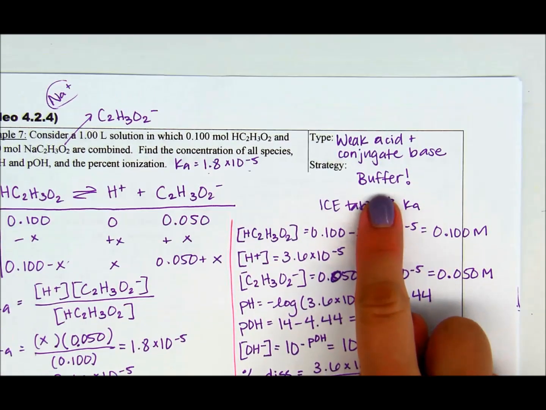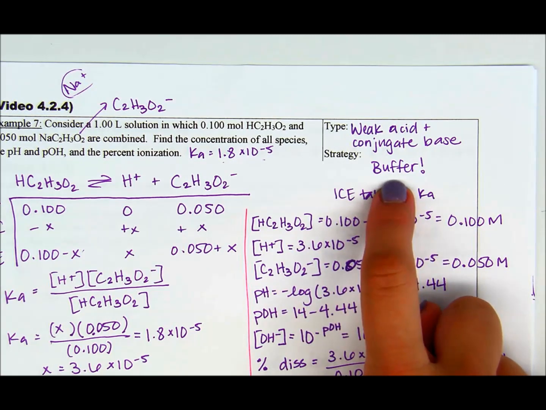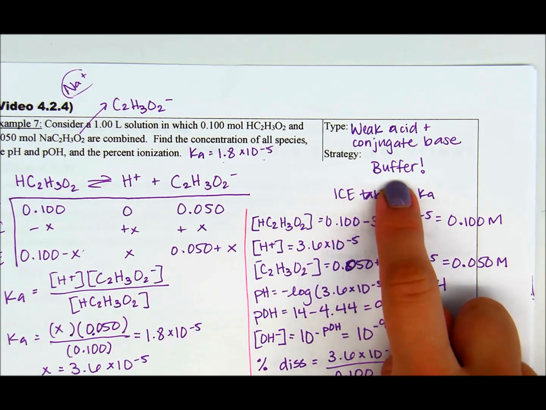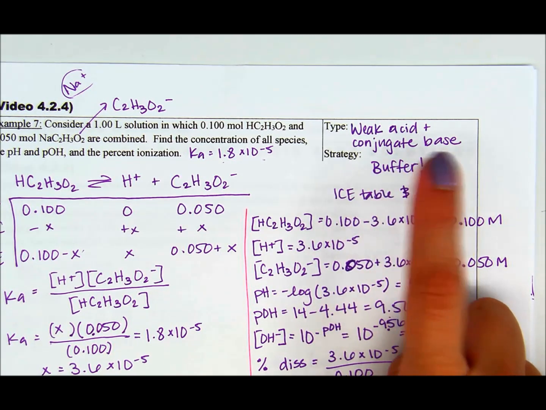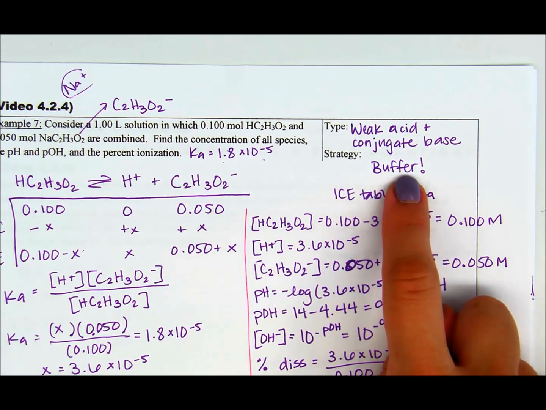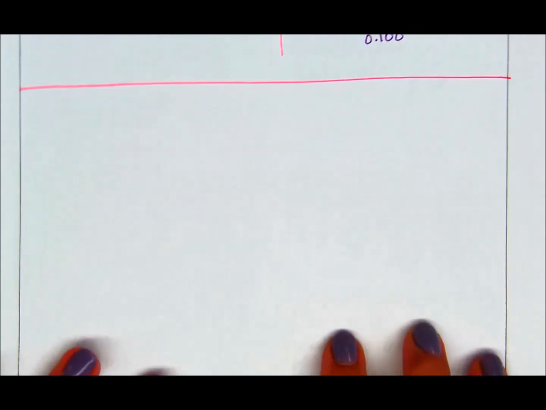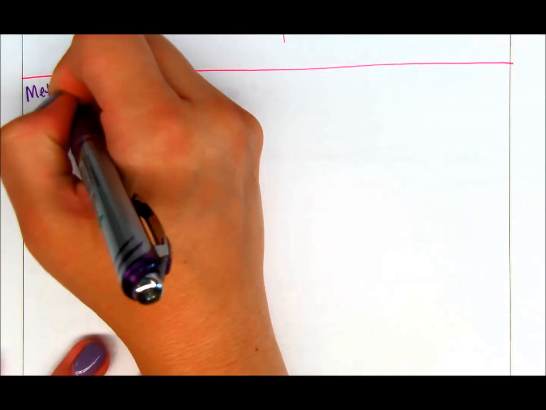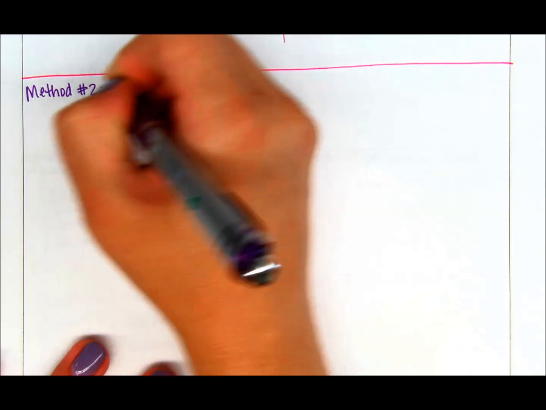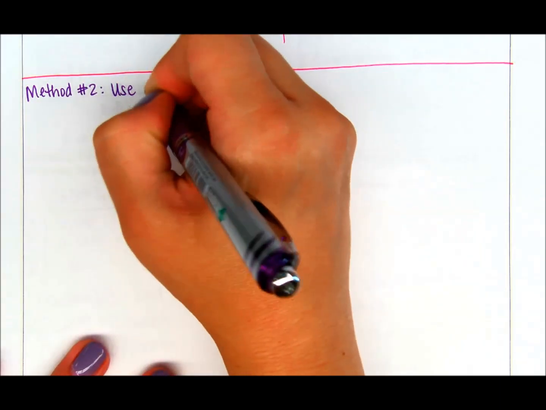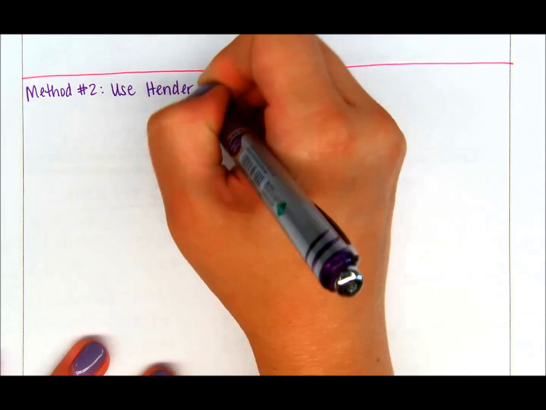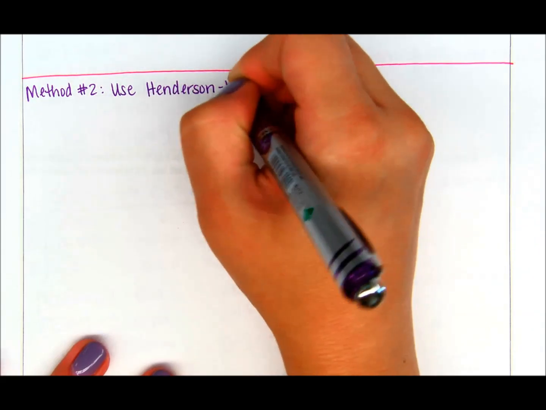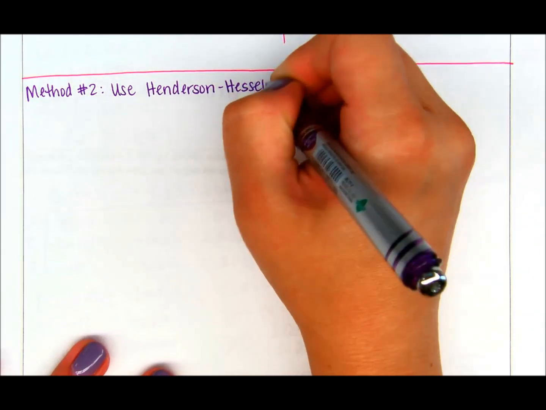Because this is a buffer, you can use something called the Henderson-Hasselbalch equation, the HH equation for buffer solutions. It only works with buffers here. So that's actually listed on the back of your periodic table. So I'm going to show you how to use it. So method number 2: use the Henderson-Hasselbalch equation.